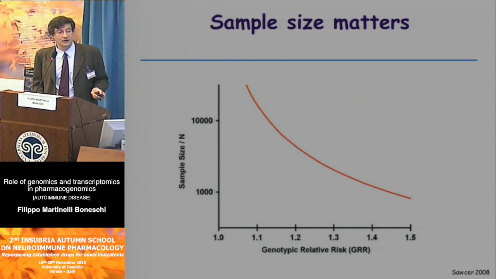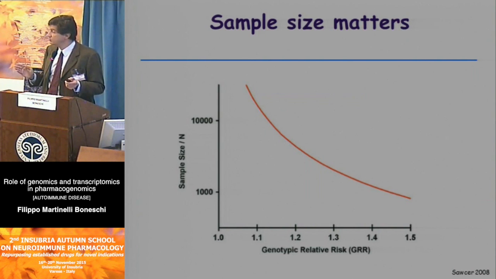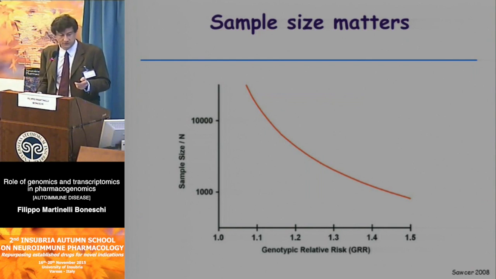While if you are looking for something with a modest effect on the response to treatment, you need a very large number, which is around 10,000 individuals, which means practically to type and to recruit 10,000, for example, MS patients treated with a specific drug, which you can imagine is a very, very large effort.